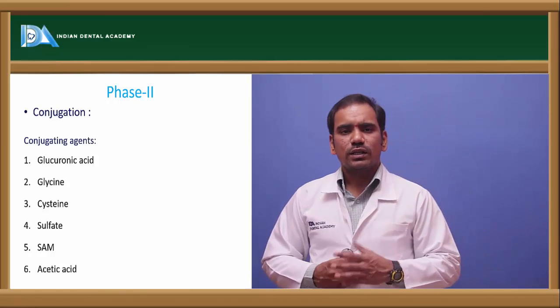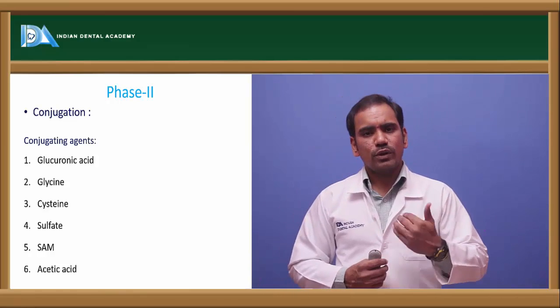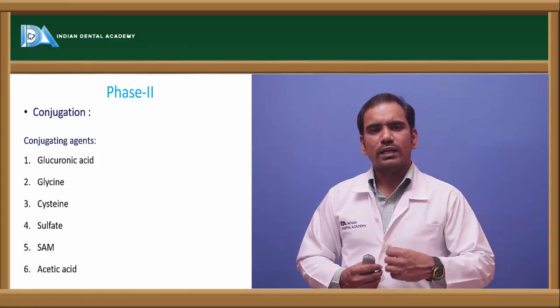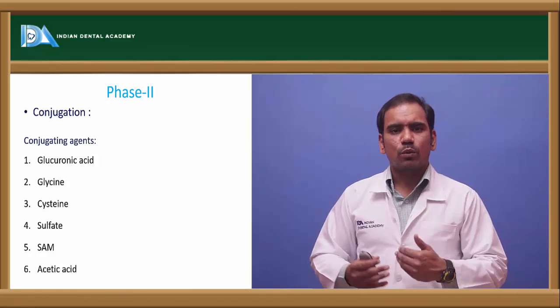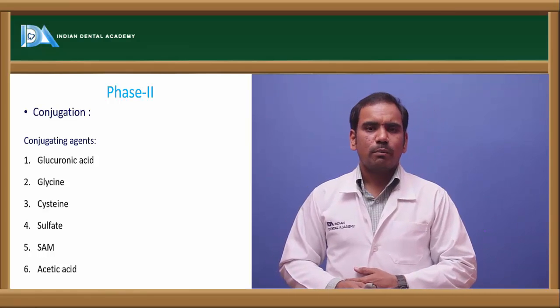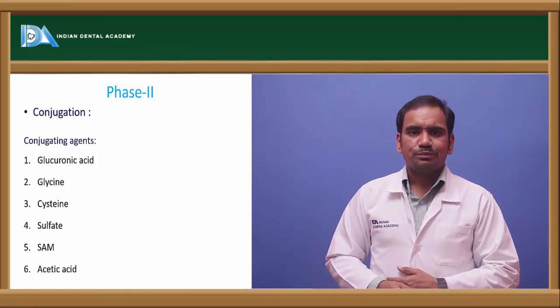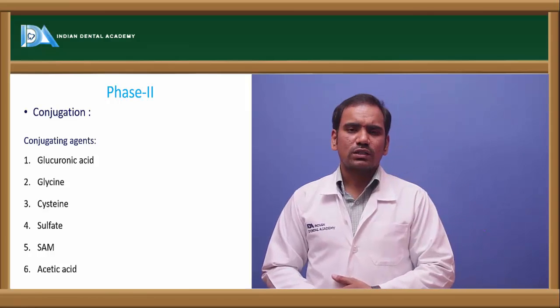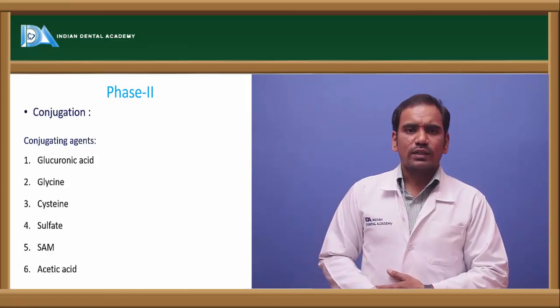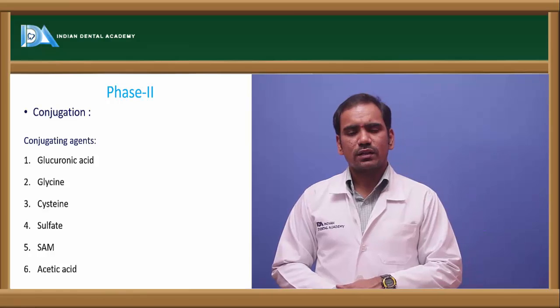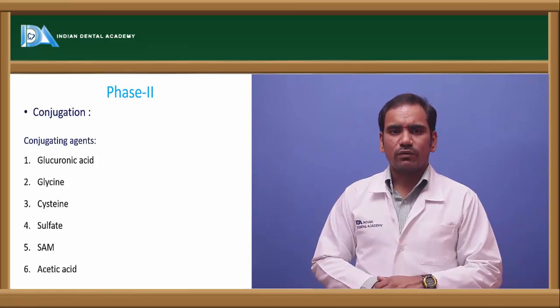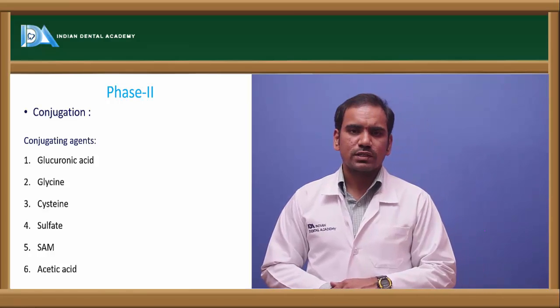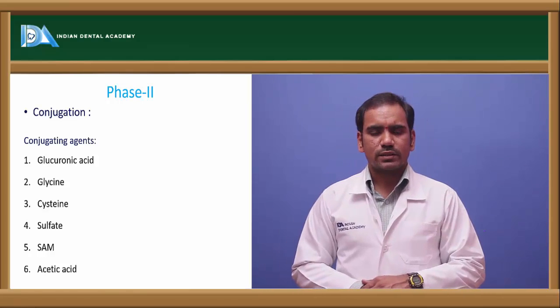This is how the toxic compounds which are produced in our body, and whatever you take in the diet accidentally, are converted into less toxic and more water soluble compounds by these mechanisms. So we discussed what detoxification is, what phases are involved in detoxification, and what conjugating agents are involved in the major type of detoxification process in the phase 2 reactions. Thank you.